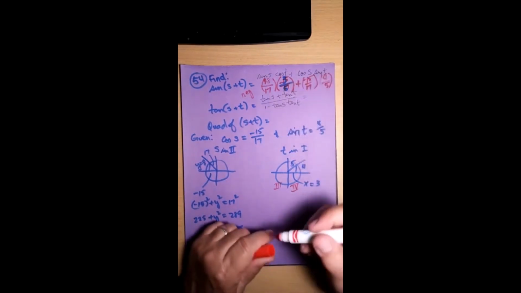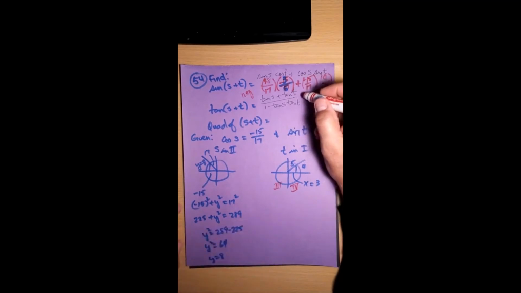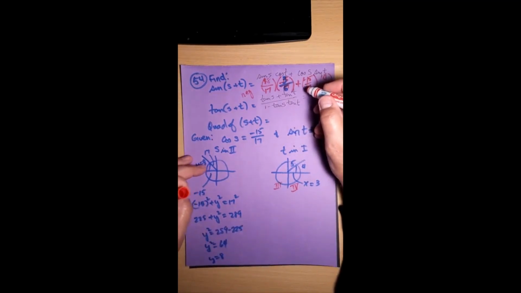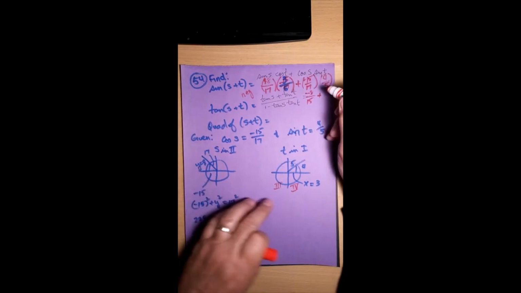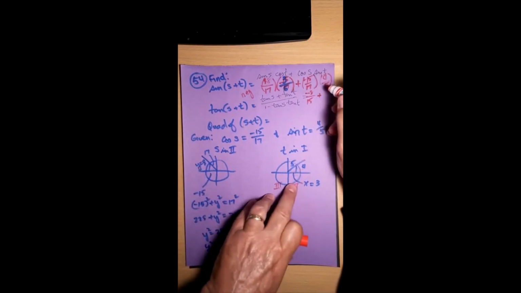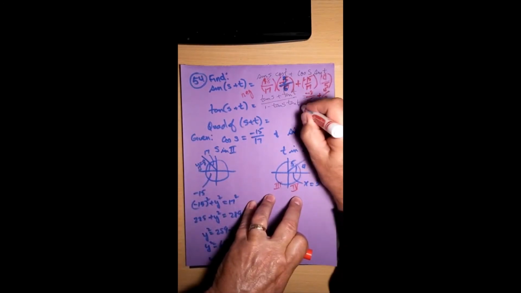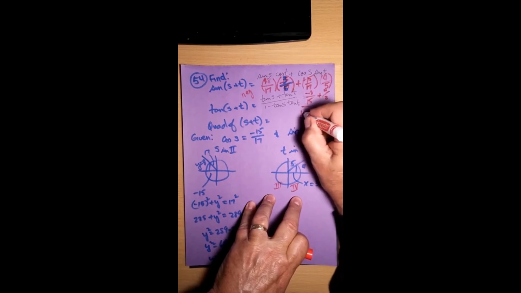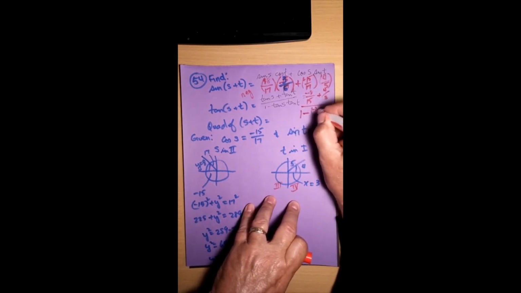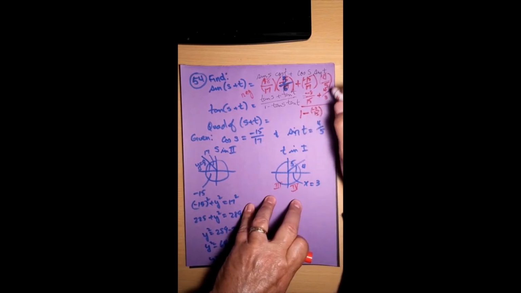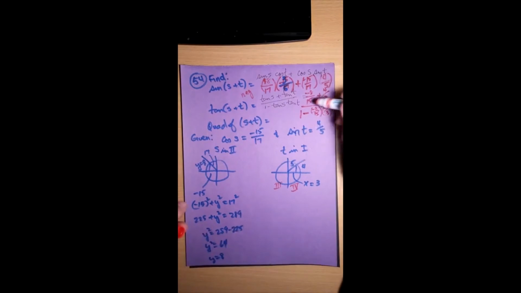The tangent now. The tangent is the opposite over adjacent. This is a -8/15. The tangent of t is 4/3. 1 minus the tangent of s, which is -8/15, times the tangent of t, 4/3, and we can multiply that out.